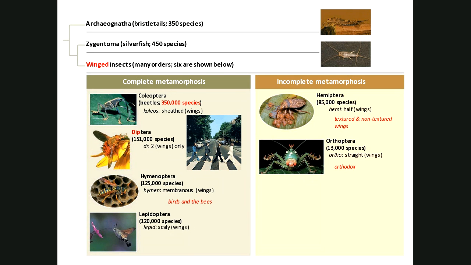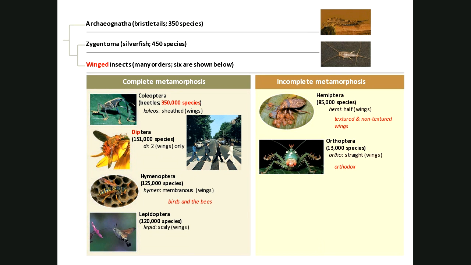Hymenoptera. A hymen is a very delicate, very thin membrane. If you've ever seen the wings on a bee, they are very thin, aren't they? So Hymenoptera. And I remember Hymenoptera bees because you have to kind of follow me on the associative learning.